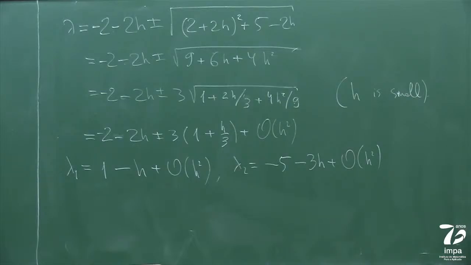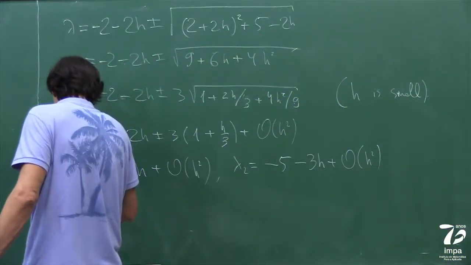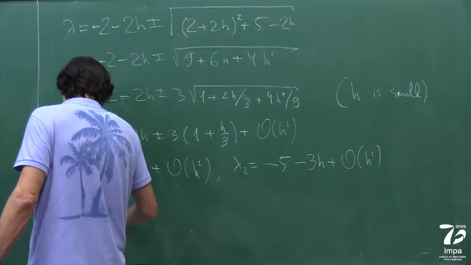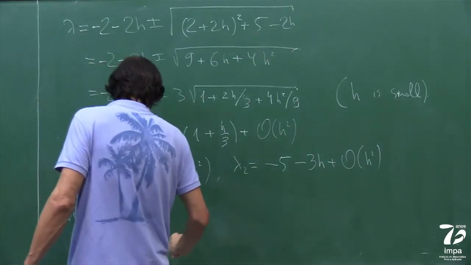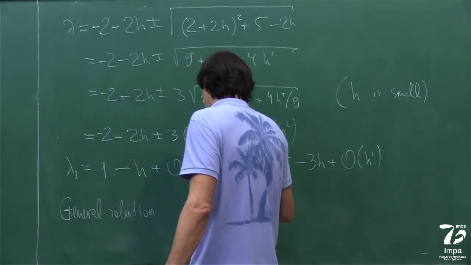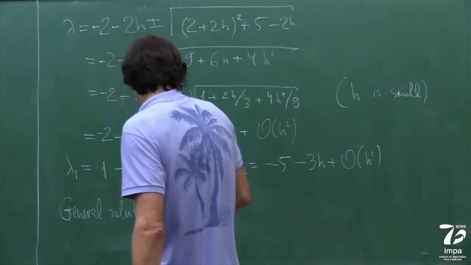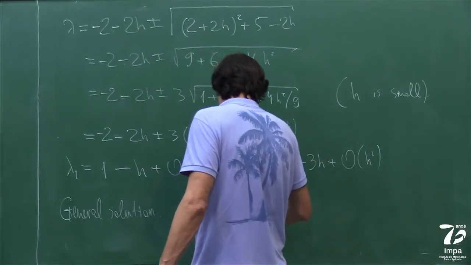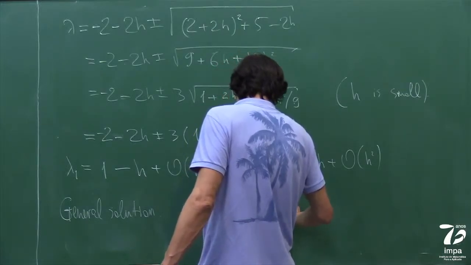So we have two independent solutions. So the general solution you can take yj just as a linear combination, one with coefficient a. So we take a lambda 1 to the j plus b lambda 2 to the j.